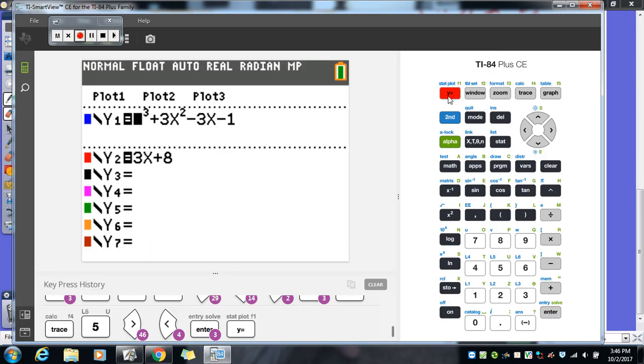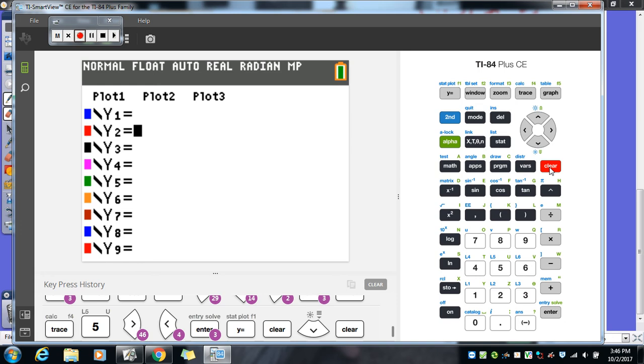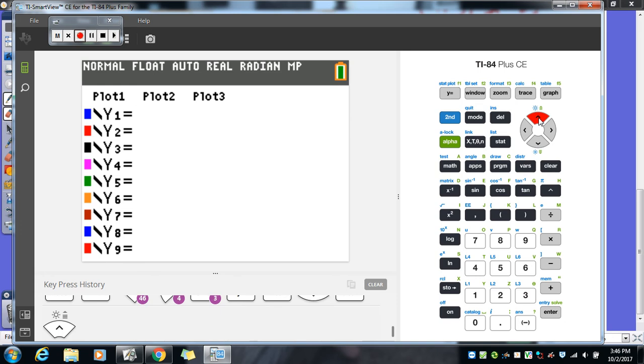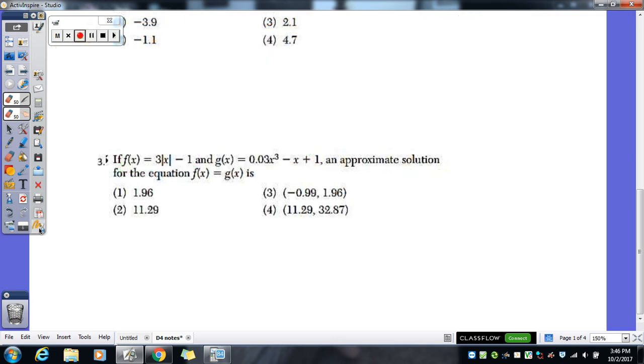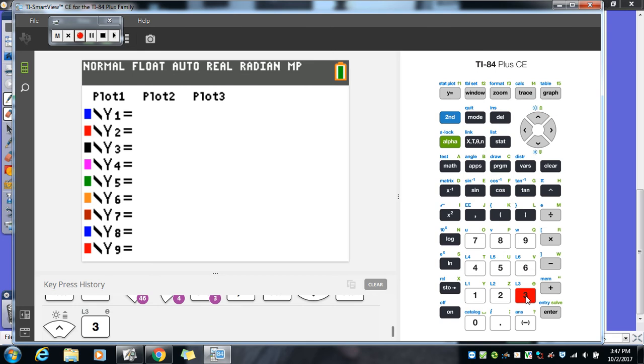Y equals, clear it out, clear it out. Oh, I'm sorry, he doesn't want one of these. So let's type this in. As I said, y1. So 3 absolute value of x minus 1.